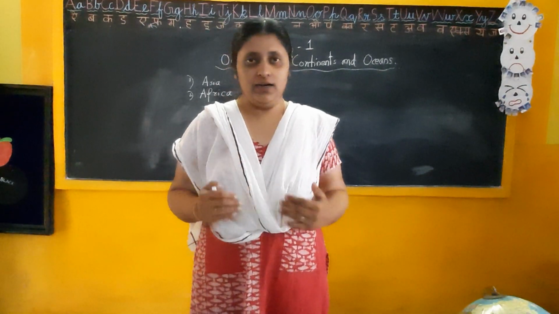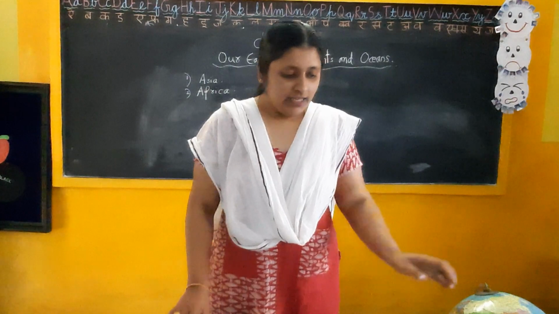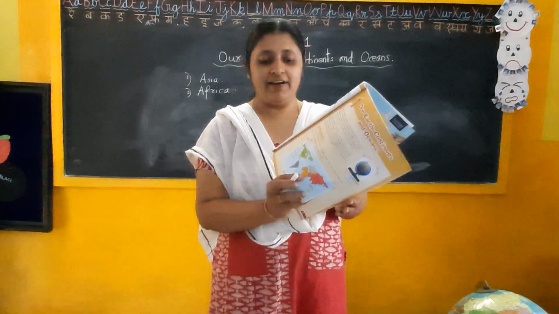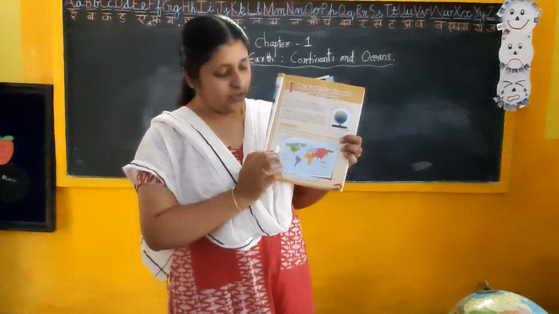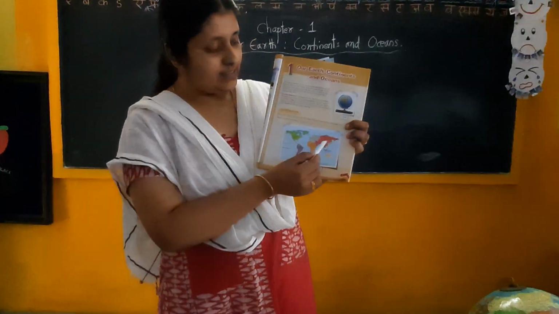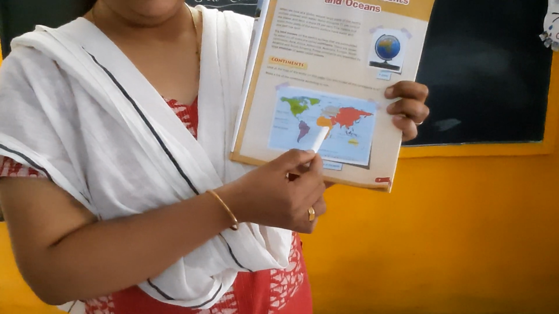Order wise we are learning: first one Asia and second one Africa. In your book, a flattened form of our globe is given. Here we can see all the continents. And this is Asia, and today we are going to learn about Africa.